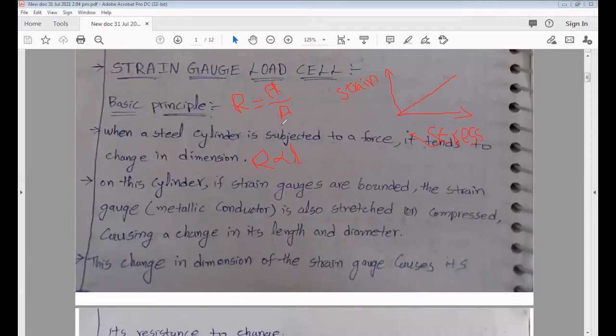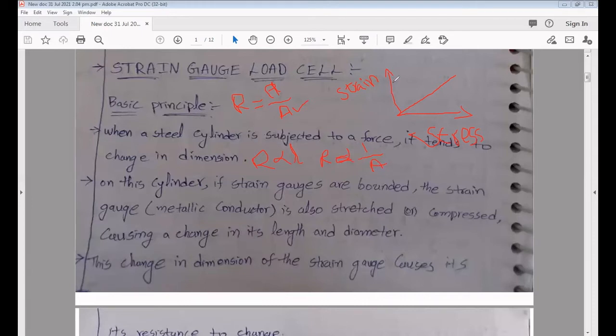As for the cross sectional area of the material, if it increases, the resistance decreases. That relation is inversely proportional. So resistance R is inversely proportional to the cross sectional area. These are the two basic things.